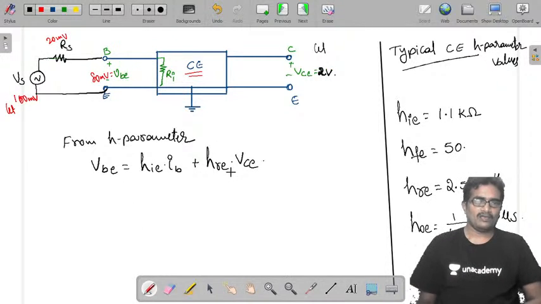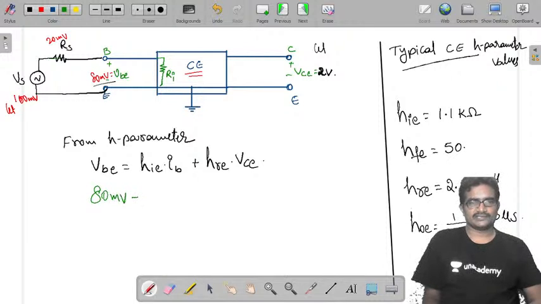Now I am going to apply these approximate values. Now see this. VBE is, you are saying it as 80 millivolts. Okay, I am using that. It is 80 millivolts is equal to HIE into IB plus HRE value.